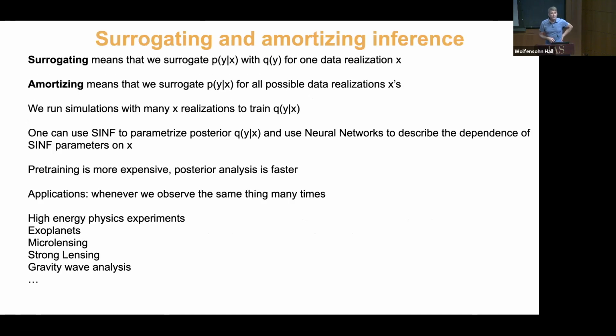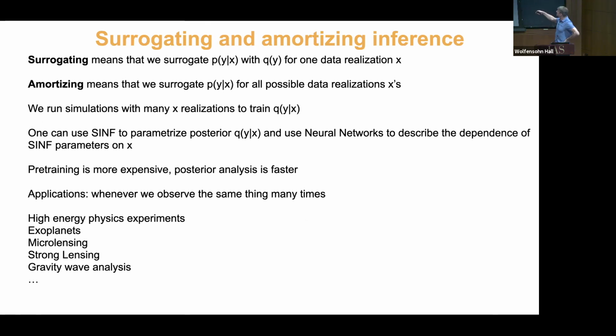There's one more thing I want to mention, which is, so far I was talking about surrogating the probability distribution. Surrogating means we have surrogated this probability distribution posterior P of y given x with this Q of y for a given data realization x. Now, what is becoming popular is also what goes by the name of amortizing, and amortizing means, well, let's do this for all of the data realizations at once.